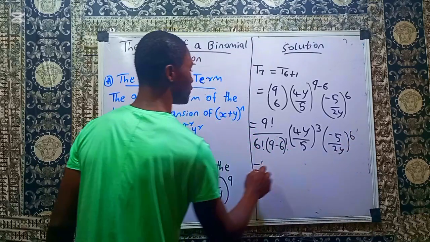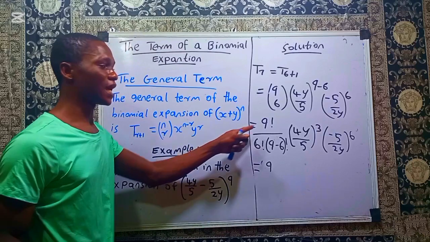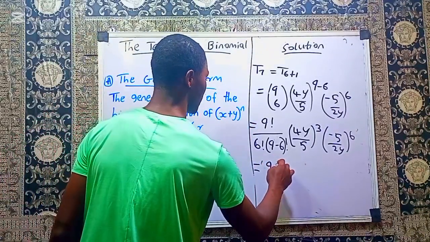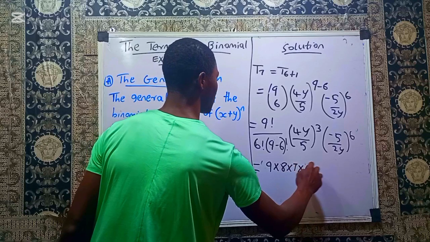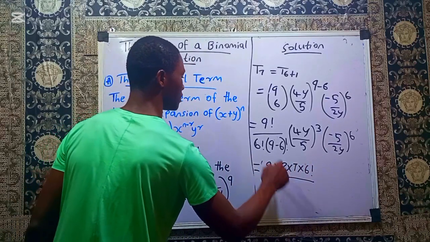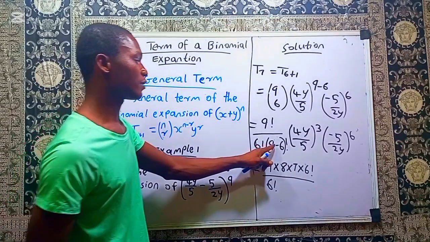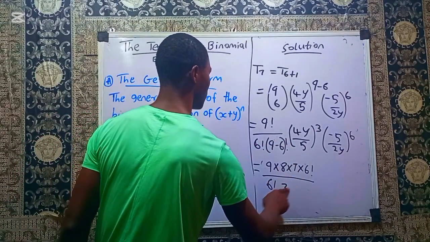6. So if you simplify this further, 9 factorial can be written as 9 times 8 times 7 times 6 factorial, all divided by 6 factorial. 9 minus 6 is 3. So you're having factorial here. That's 3 factorial.